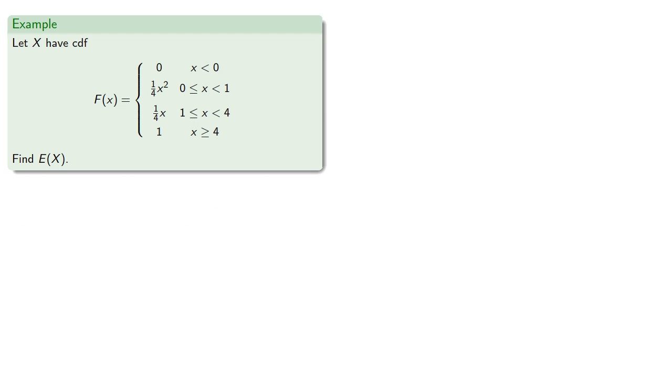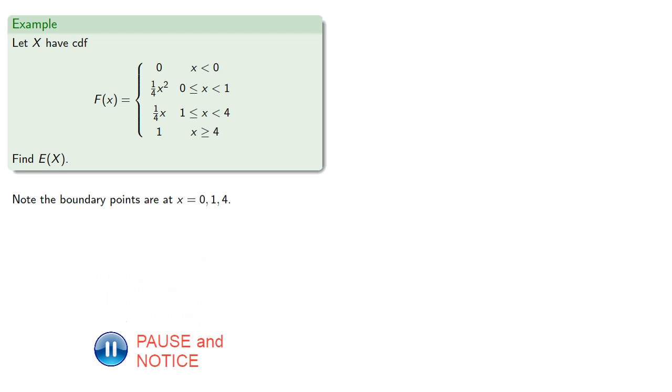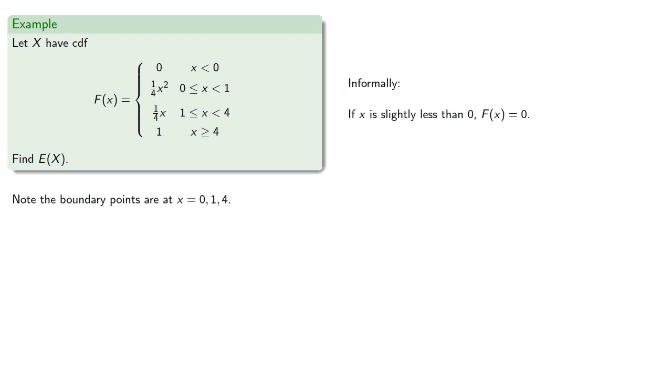So let x have CDF. Let's find the expected value of x. Note that the boundary points are at x equals 0, 1, and 4. So we should use the limit formulation, but informally, if x is slightly less than 0, f of x is 0.